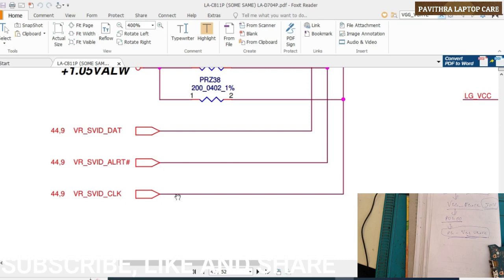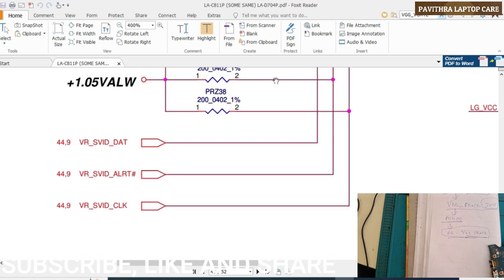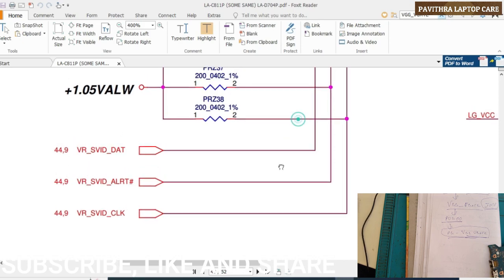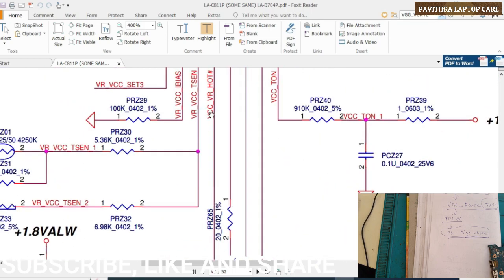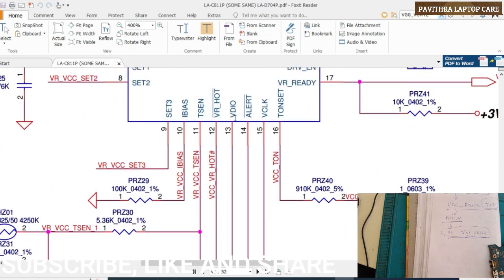These complete sections are coming from the processor. If the processor is ready and this IC is also enabled, then it will check the signals from the processor. The processor gives 3 signals to this particular IC. Okay, what are those? Third one, processor signals.